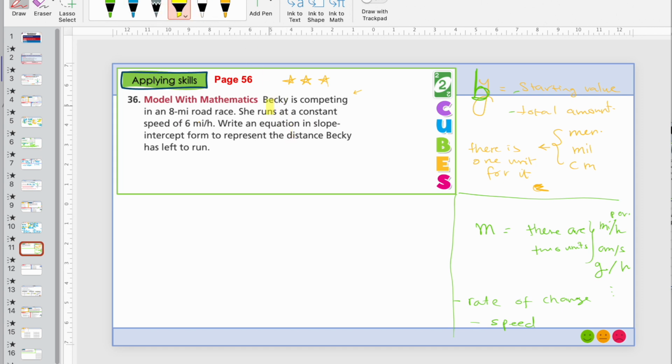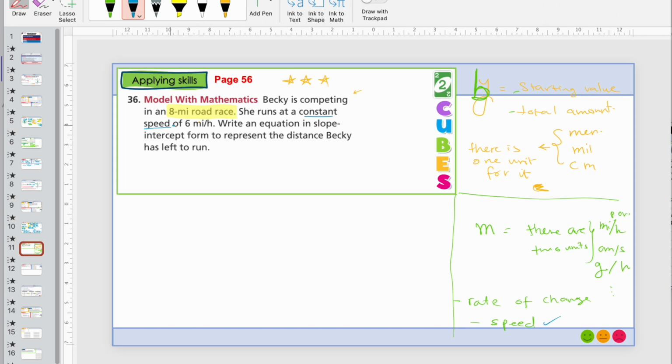Let's read the problem. Becky is competing in an 8-mile road race. This is the total amount of road she's going to have to go. She ran at a constant speed of 6 miles per hour.